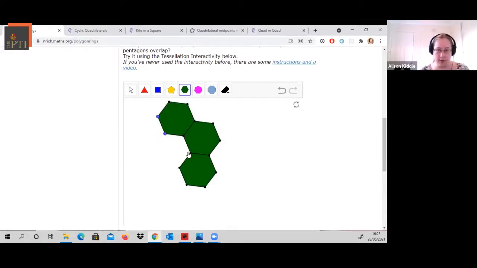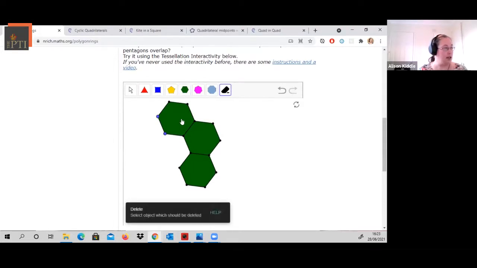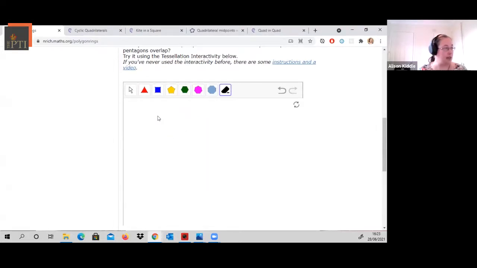And it may be that for some students, starting with a hexagon and exploring what happens might be more appealing. It might use more familiar angles. So you might like to think about how you could adapt the proof shown for the pentagon for the hexagon. So that's the low threshold angle of it.